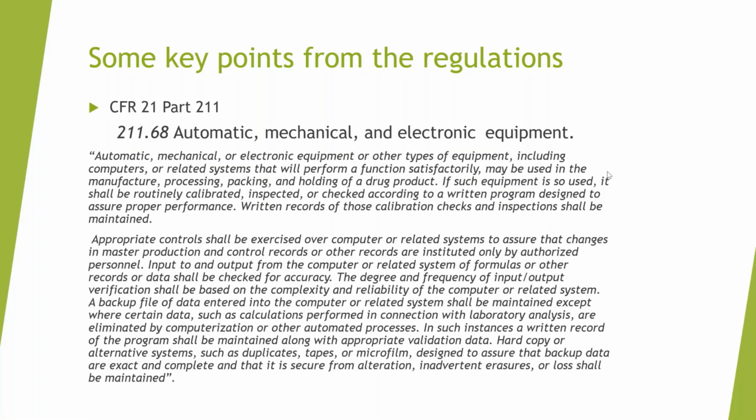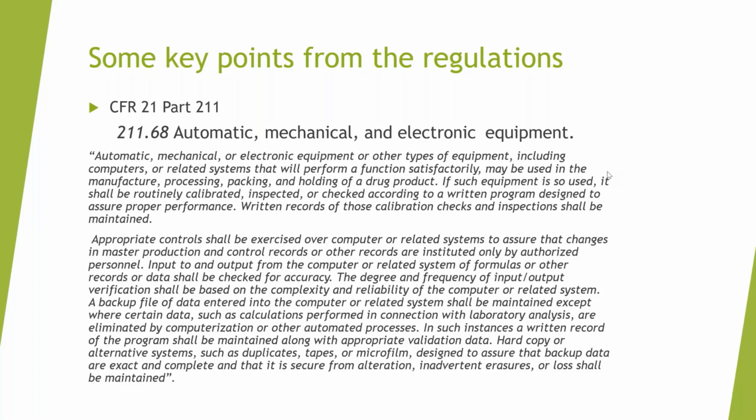Also within Part 211, you have item 68, which refers to automatic, mechanical, and electronic equipment. What this is really saying is that if you are going to be using such equipment in the manufacture and testing of medicinal product, it must be appropriate for its intended use.